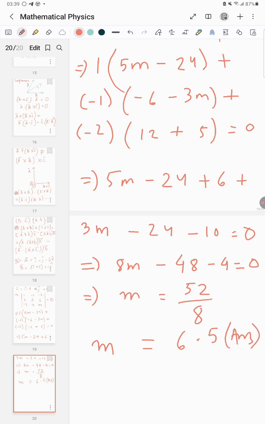So this is our answer. If the value of m turns out to be 6.5, only then will A, B and C be coplanar. That is, all A, B and C vectors will lie in the same plane.